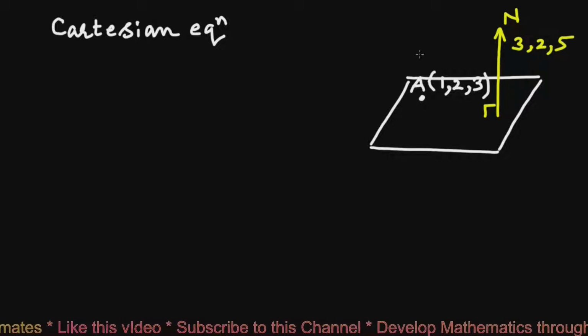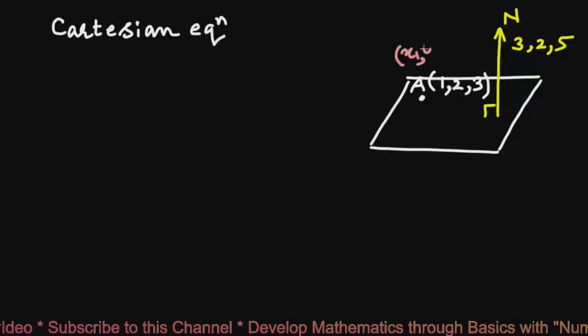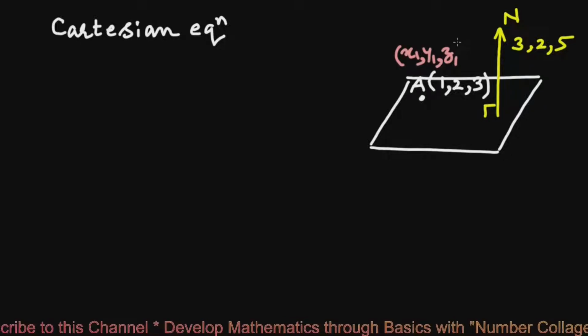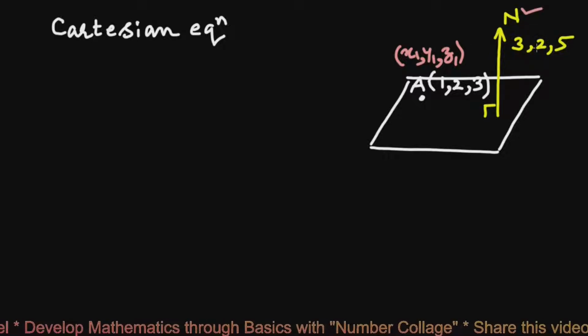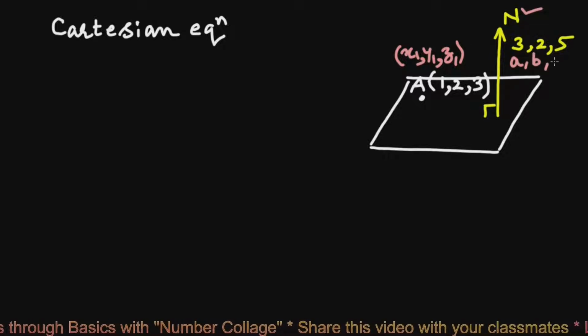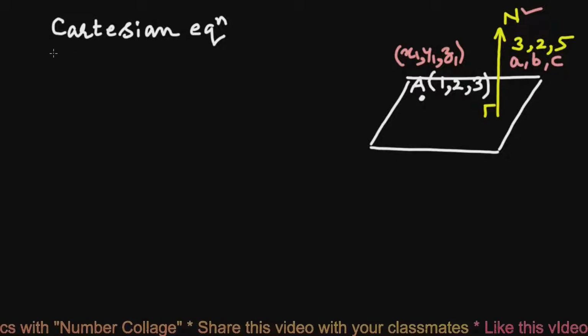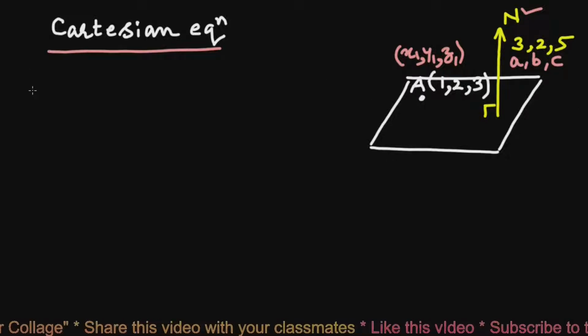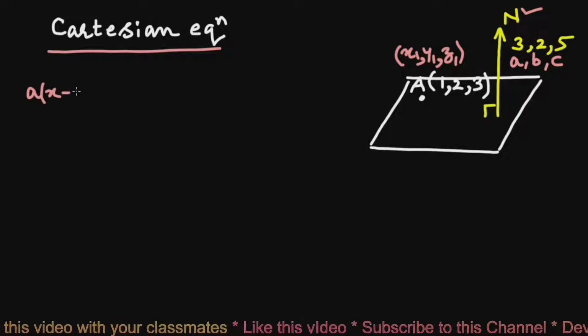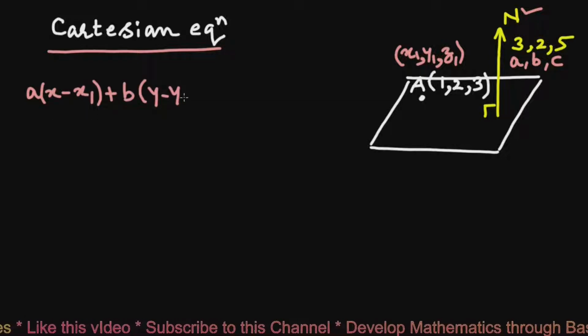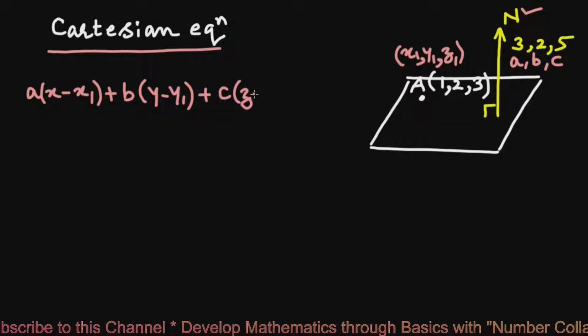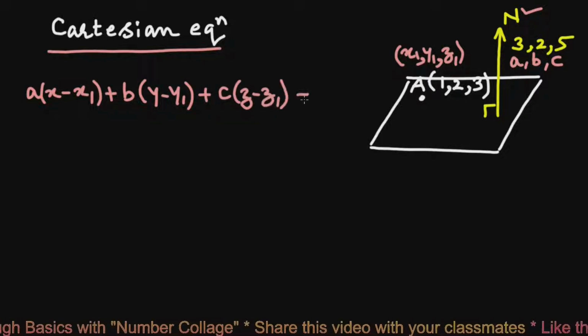If the coordinates of A are x1, y1, z1, and the direction ratios of this normal are a, b, and c, then the Cartesian equation of this plane will be a times (x minus x1) plus b times (y minus y1) plus c times (z minus z1) equals 0.